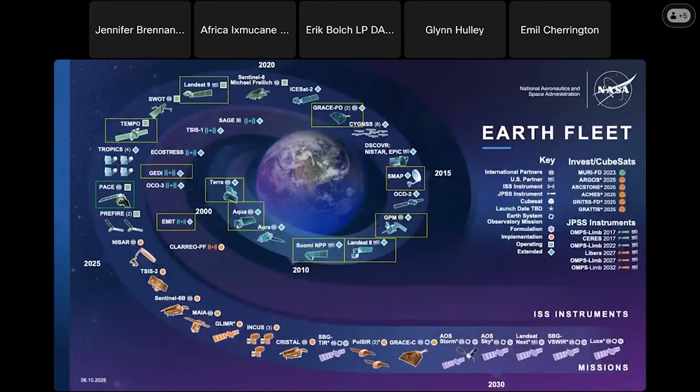And to borrow Morgane's earlier slide, just wanted to highlight some of the different satellite missions that are part of what's called NASA's Earth Fleet, such as data from GRACE, data from SMAP, the Global Precipitation Mission, Terra, Aqua, Suomi, JEDI, Tempo, etc. A lot of those, as highlighted in yellow, are already in Earth Engine.